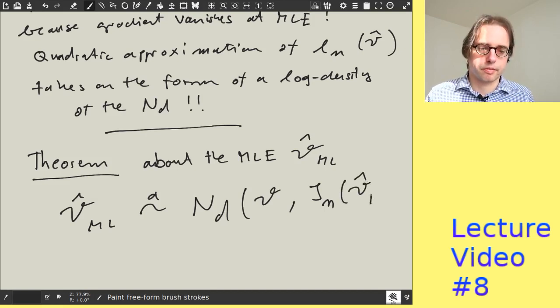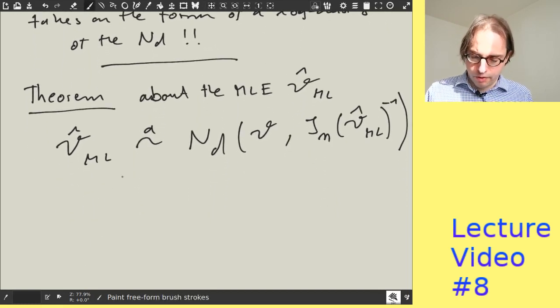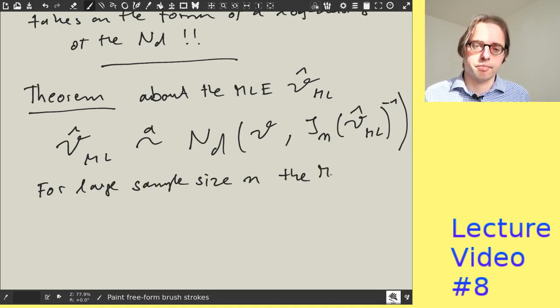So let me write it down. So that's the theorem. So basically it says for large sample size n, the maximum likelihood estimate is normally distributed.